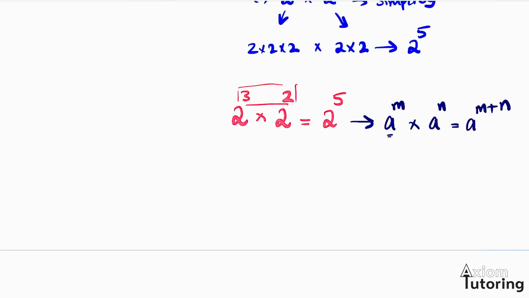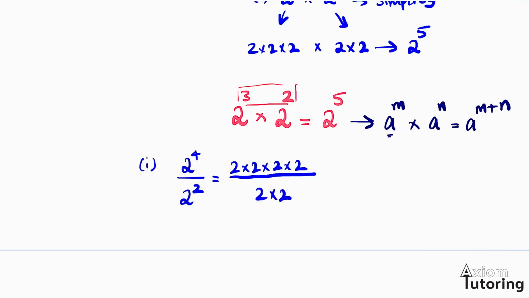What about division? Say that we have 2 to the power of 4 divided by 2 squared. Well, one way to do this would be to write 2 times 2 times 2 times 2, and then in the denominator, 2 times 2.